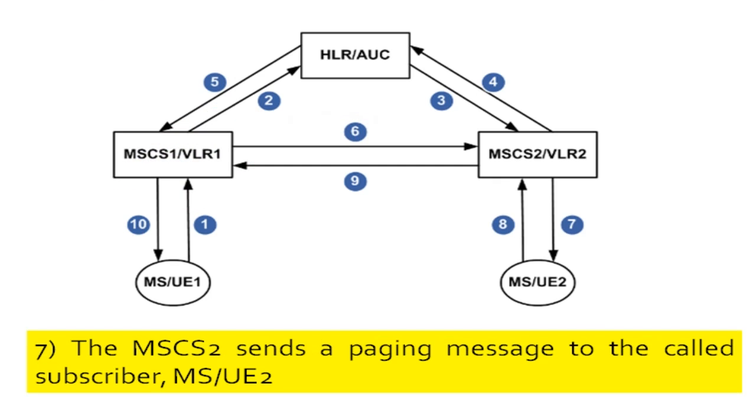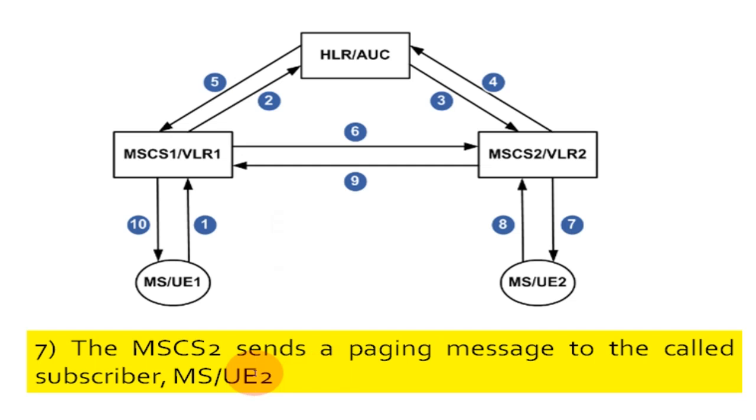In the next step, what do we have in step 7? The MSC2, after the call is set up, is going to receive this particular call with the mobile station number received. It is going to actually accept that this mobile station number came from me.